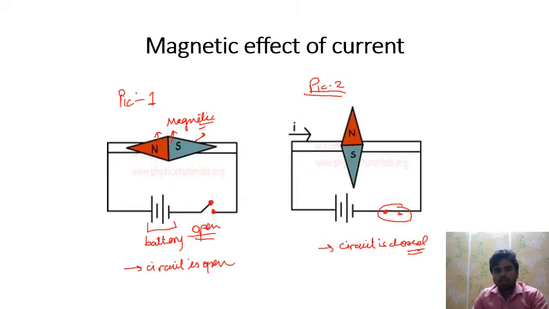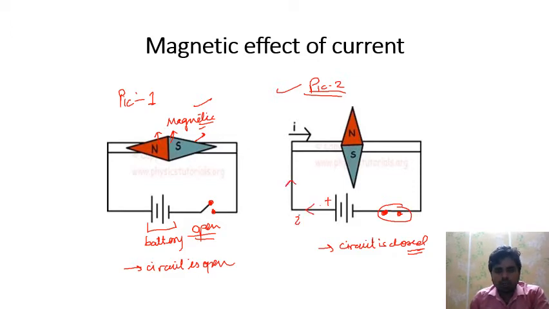Okay student, what difference can you see in picture 1 and picture 2 with respect to the magnet? Can you see some difference in the movement of the magnet? Yes student, once this circuit is closed, the current starts flowing from the positive terminal.